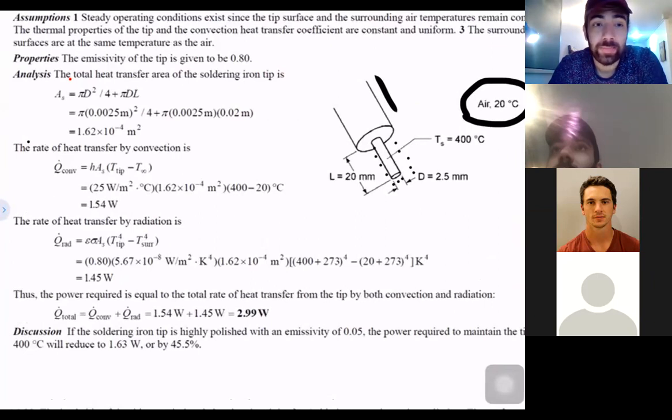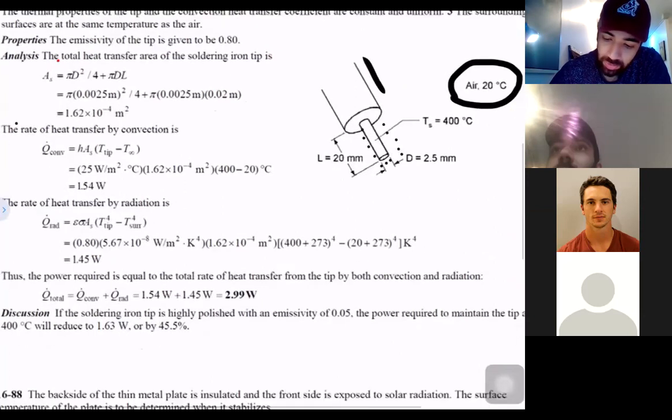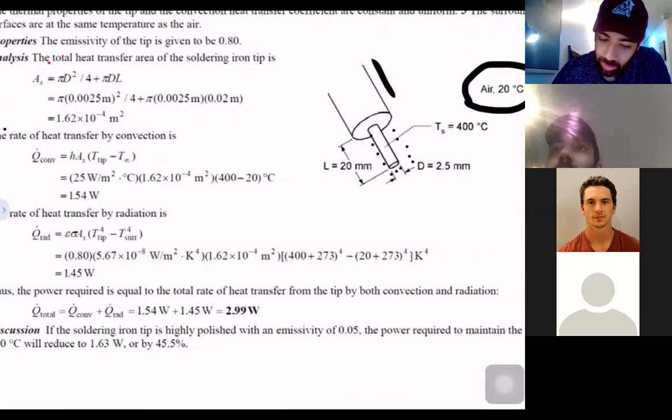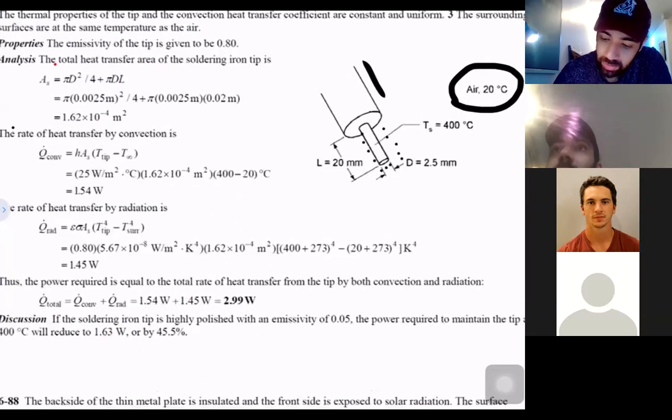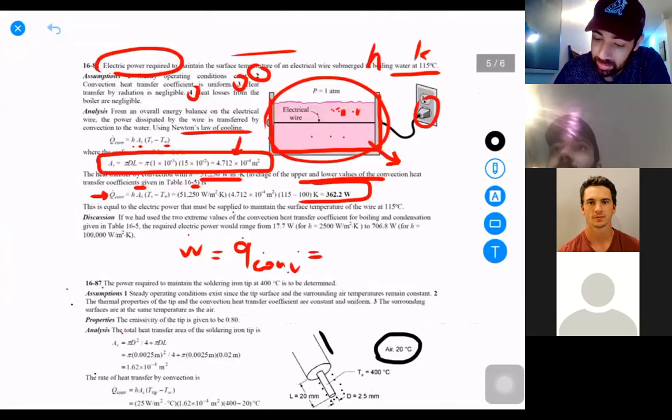That is a bit tricky here, because one side of this tip is attached to the rest of this soldering iron, so this part is not in contact with the surrounding air.